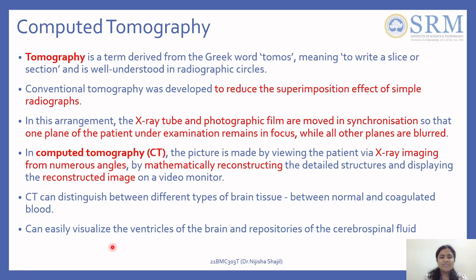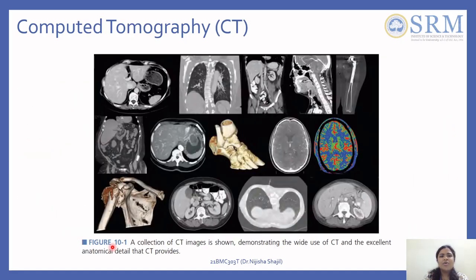You reconstruct the image on a video monitor. So CT can distinguish between different types of brain tissues, normal and coagulated blood; everything can be easily seen. Soft tissues can also be easily visualized with the help of CT. The only disadvantage is that you are using X-rays for viewing it.